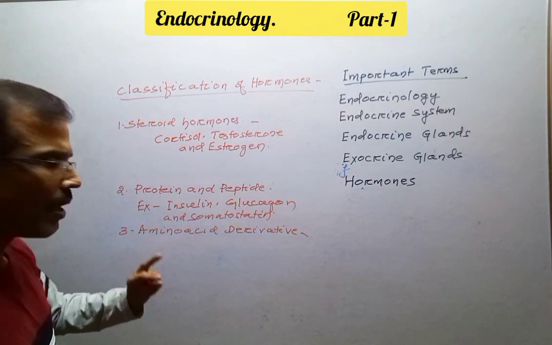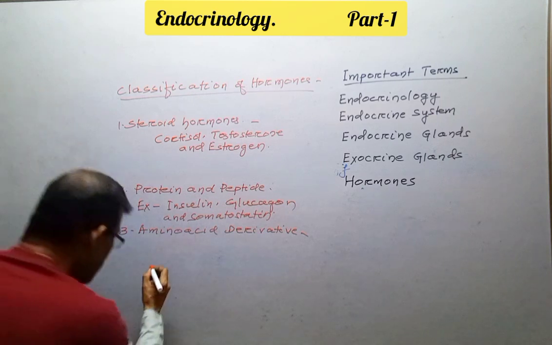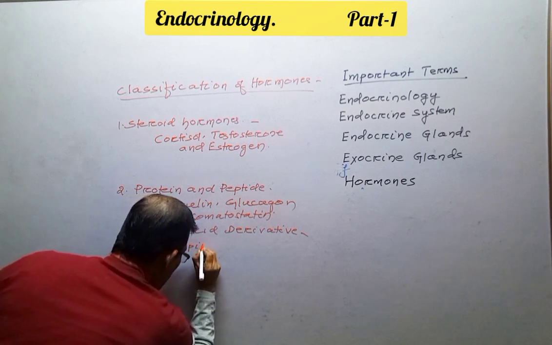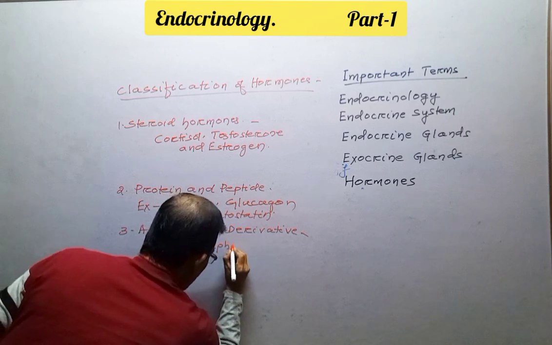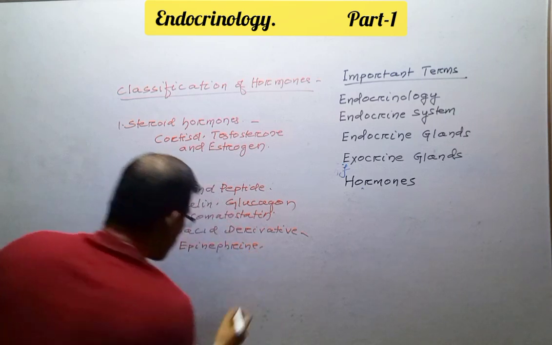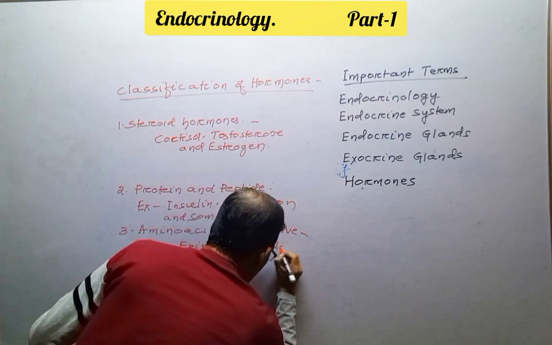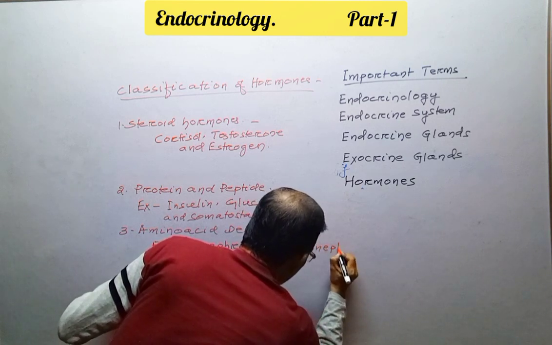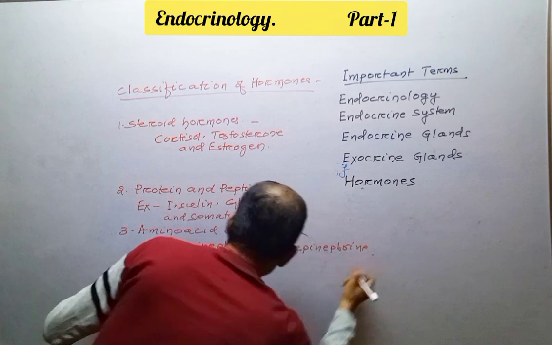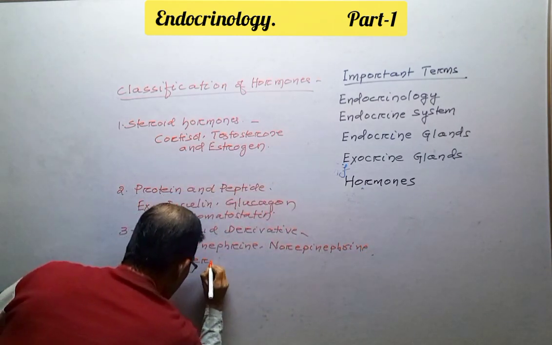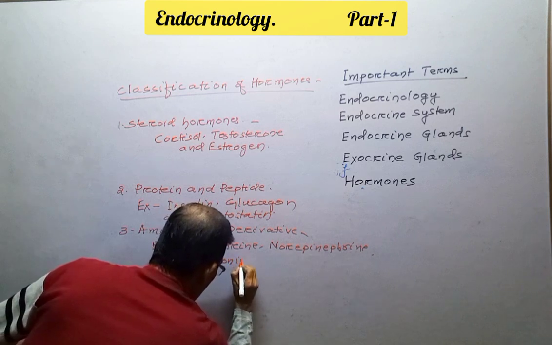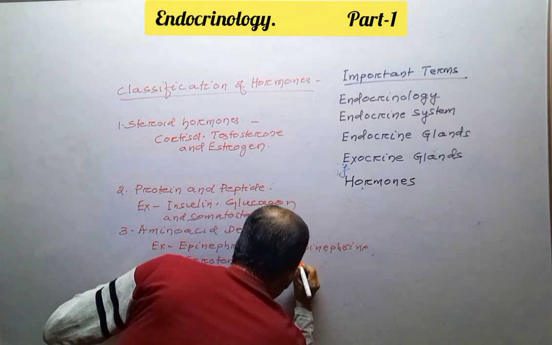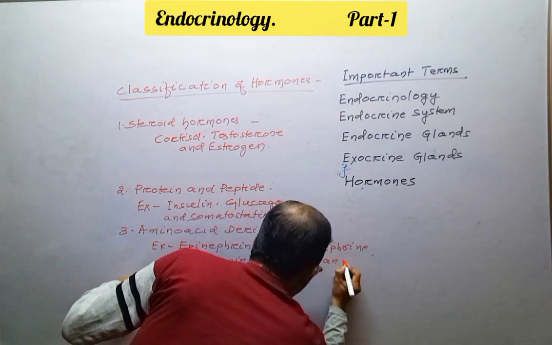Third group of hormones is amino acid derivatives that include epinephrine, norepinephrine, serotonin, melatonin, and others.